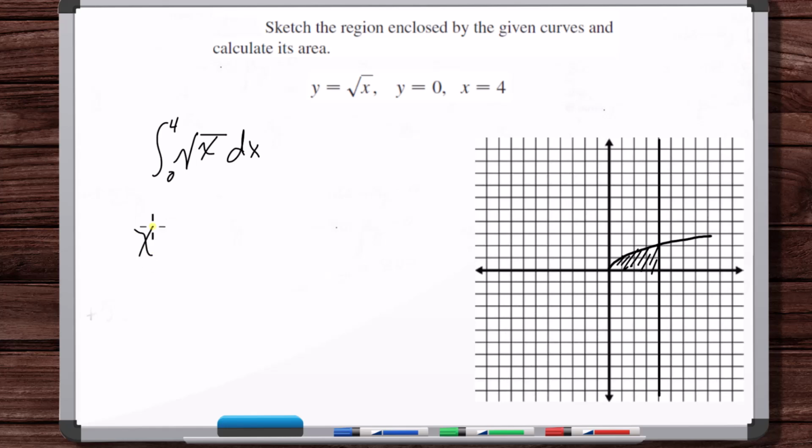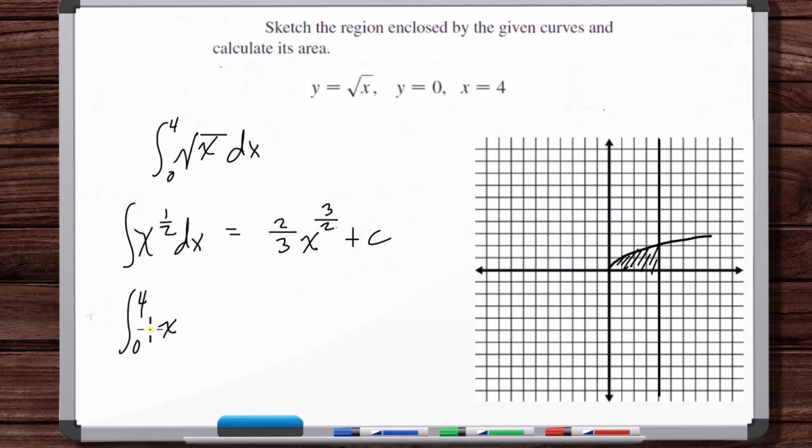So x to the 1/2, okay? So 3/2 minus 1 is 1/2. So we want to do 2/3 x to the 3/2, because we bring down the 3/2, this goes to 1, and then 3/2 minus 1 is 1/2. Plus c, okay. But we're going to ignore the c.